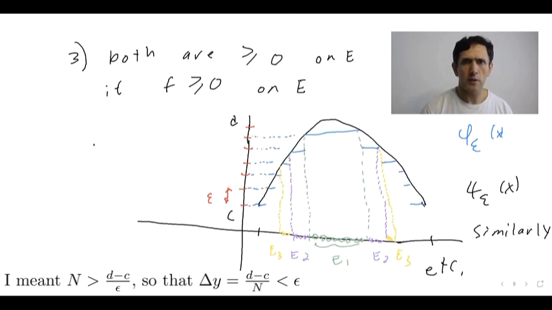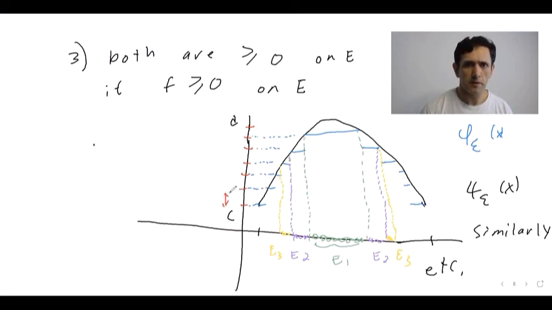So, more precisely, let's pretend that these are all even. This is change in y, it's an epsilon, d minus c over n.